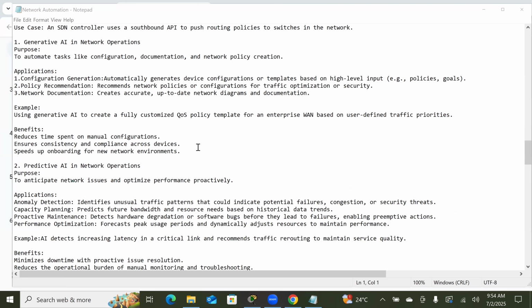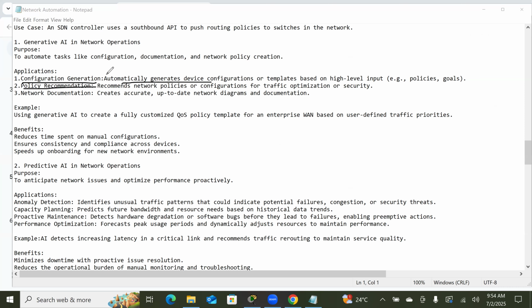And I already told you, it uses two types of AI. One is generative AI, the second one is predictive AI. What will generative AI do? It will help us with configuration generation; it automatically generates device configurations. Then it helps with policy recommendation.